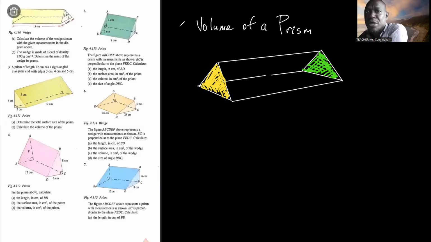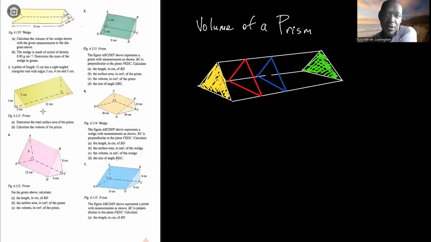Yes, sir. Right. So I'm saying the shape, which is a triangle, on both ends of the solid is the same shape that passes through the solid. So if you notice here, triangle on the inside. If you notice here, triangle on the inside.